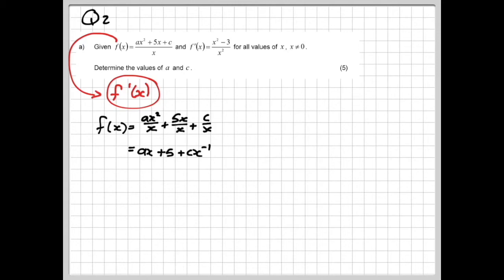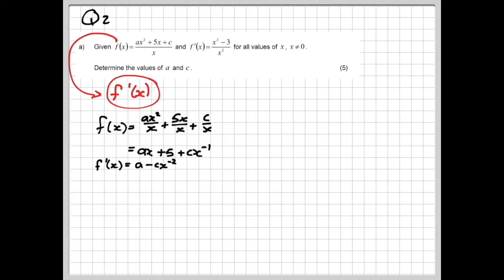Now, please do not be afraid that you've got an a and a c value that are also some kind of constants. It's not the end of the world, but we can still derive in terms of x. So, f accent x is actually a minus cx to the negative 2.